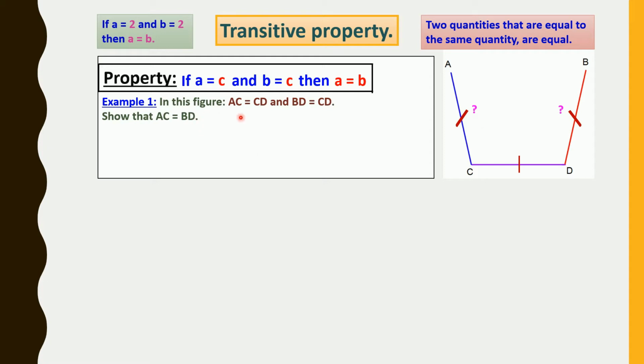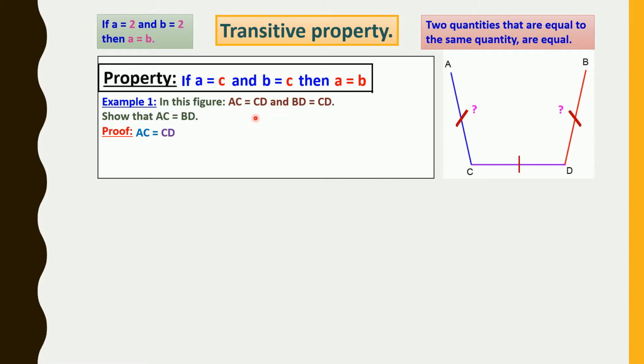By looking at these two straightforward pieces of evidence given to us, they are similar to the transitive property that we just learned. The fact that segments AC and BD are both equal to the same quantity CD is why they are equal. So how do we write the proof? First, we write AC equals CD.